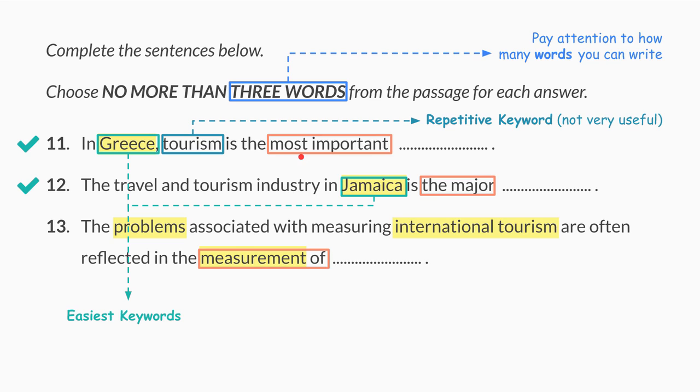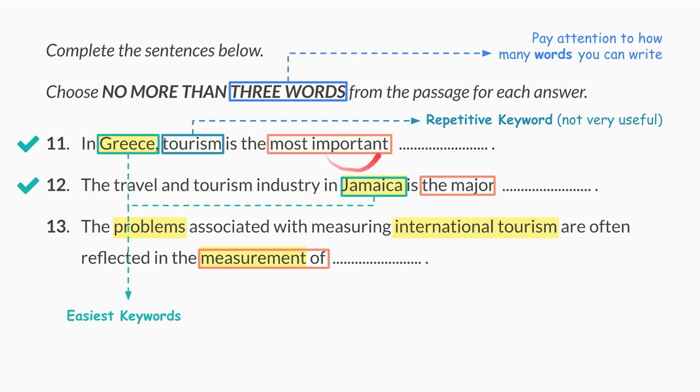Now, I want you to also pay attention to these words in the red color here, words that are boxed in with a red color. These words are what we call the surrounding words, the words that come before the blank line or sometimes even after the blank line.